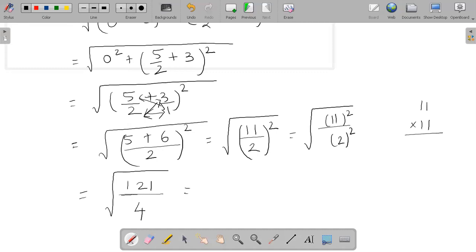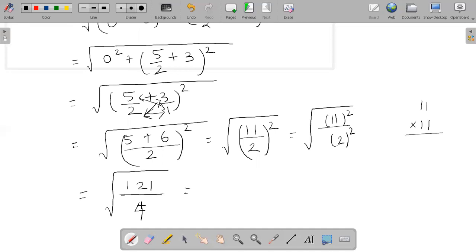Since there is a division, it is possible to separate the root for the numerator and the denominator. In the previous sum, there was multiplication, and with a multiplication sign also it is possible to separate the root. With a division sign also it is possible. But if there is an addition or subtraction sign, then you cannot separate the root.